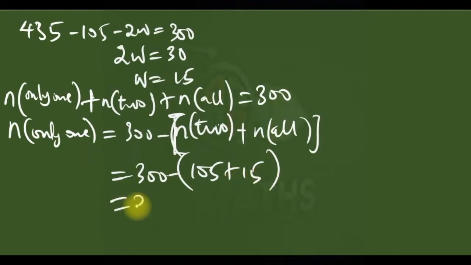So this is 300 minus 105 plus 15 is 120, and 300 minus 120 is 180. So that's it.